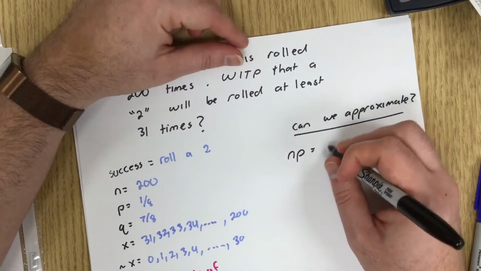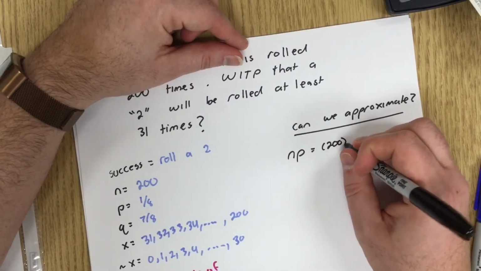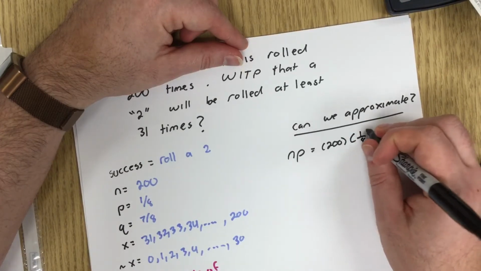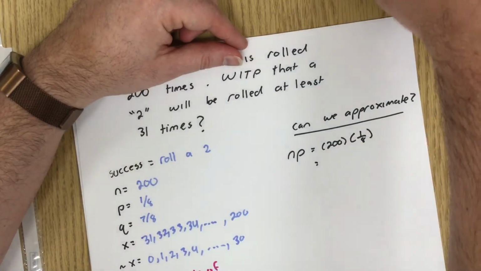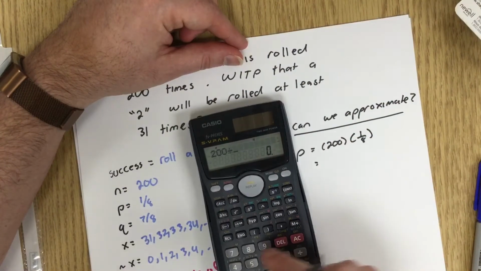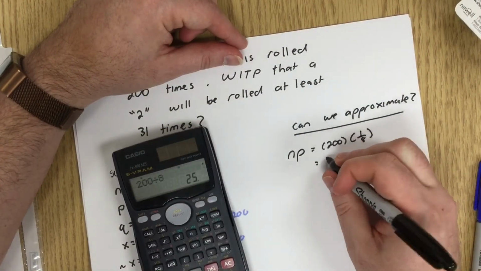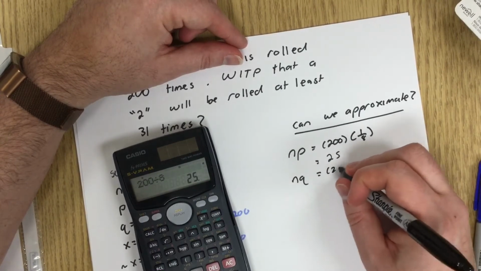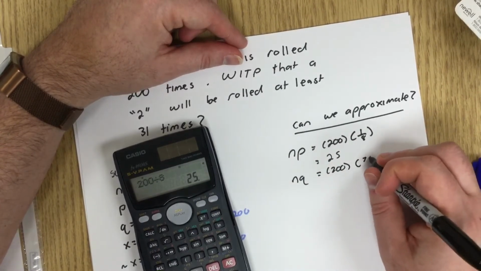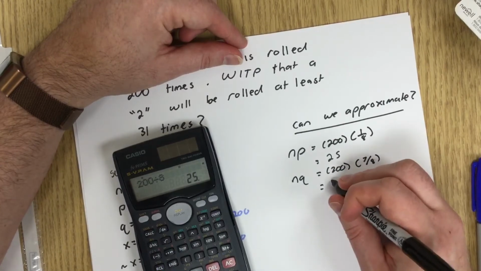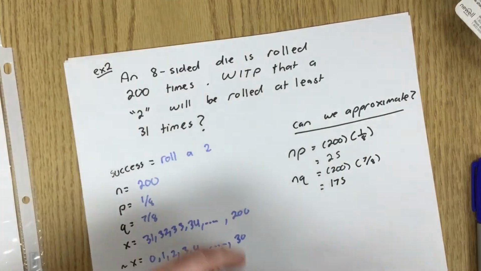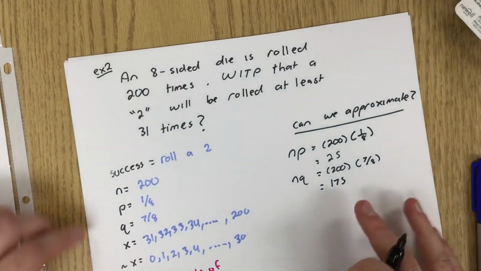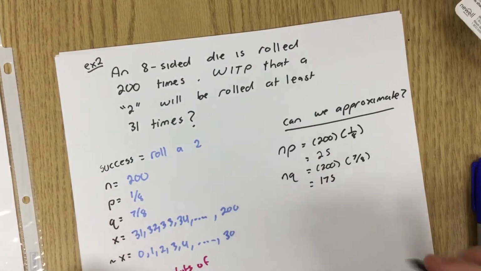So np is going to be 200 times 1 over 8, which is going to be 25. And nq is going to be 200 times 7 over 8, which is going to be 175. Are these bigger than 5? They are much bigger than 5, which means the approximation is probably going to be pretty solid.